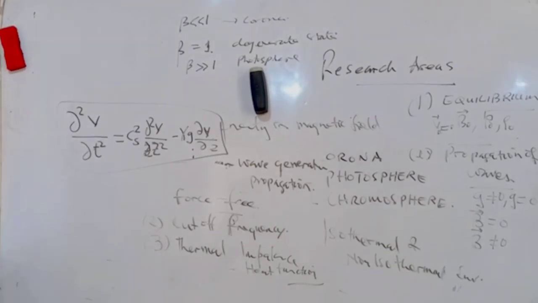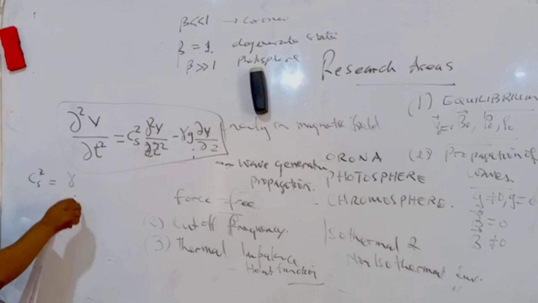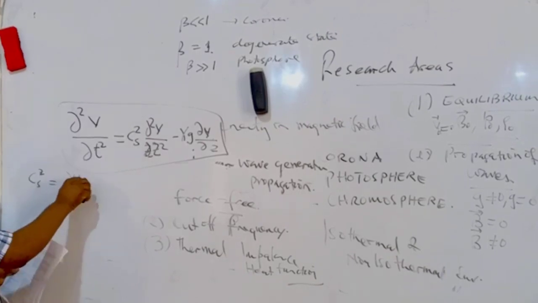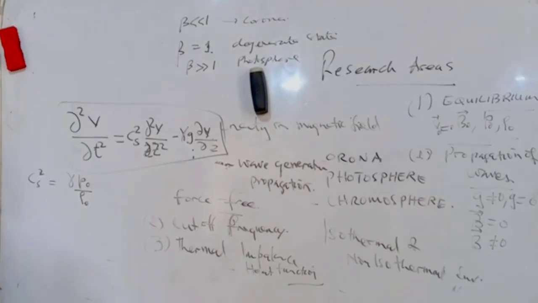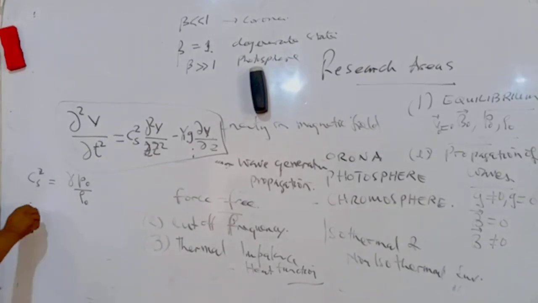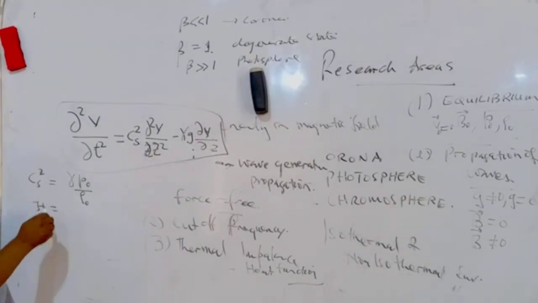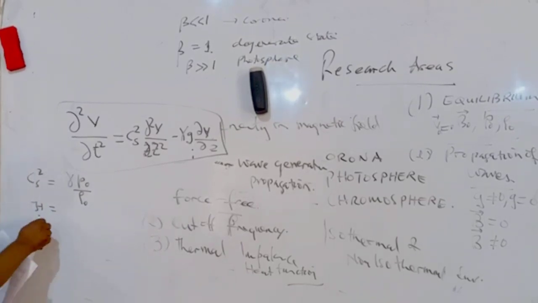one, you remember that your Cs squared is equal to gamma P naught over rho naught. Who can remember how we did the height scale? What is our H? Can anybody remember? And can anybody also remember that we wrote temperature?